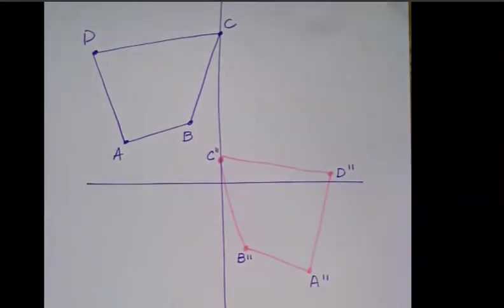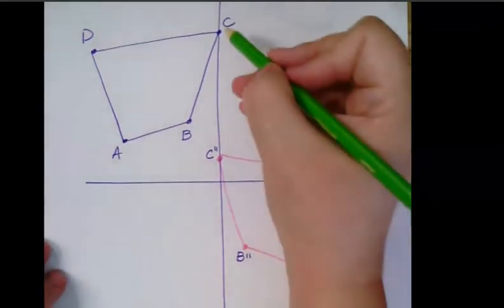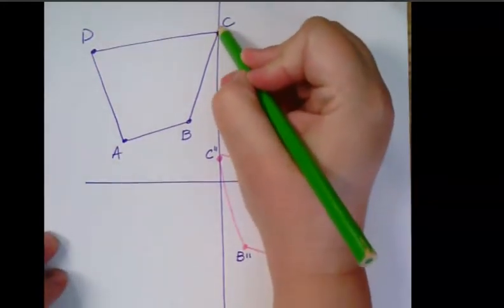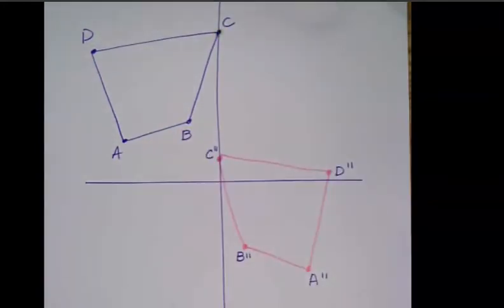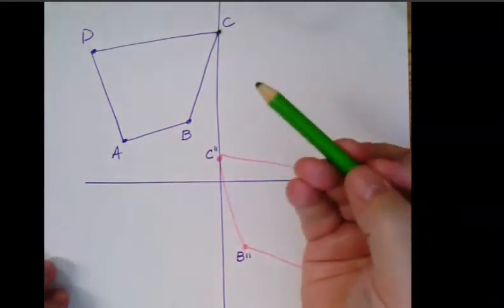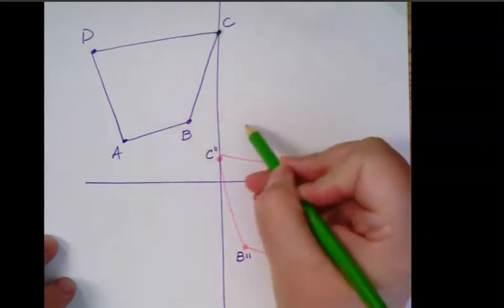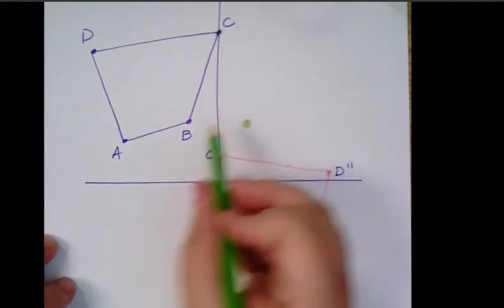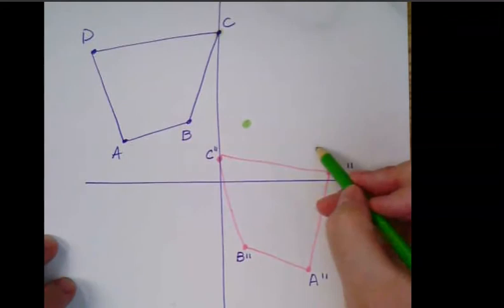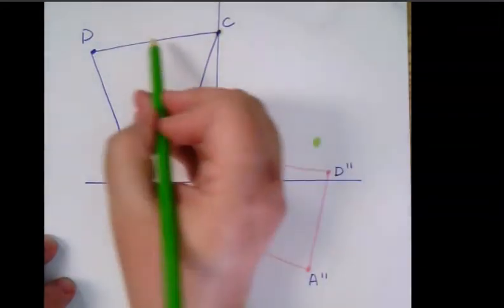So the first thing I'm going to do is I'm going to say, what if I do a reflection right over the y-axis? Well, if I did that, then C would stay right there because that's on the y-axis. And B would come over here. A would come over here somewhere.